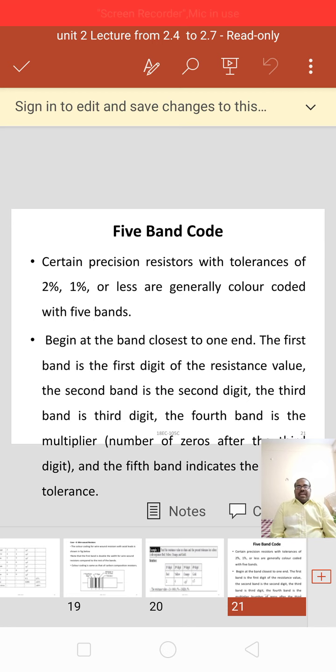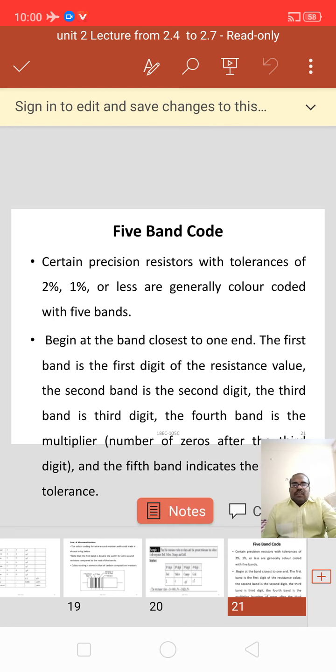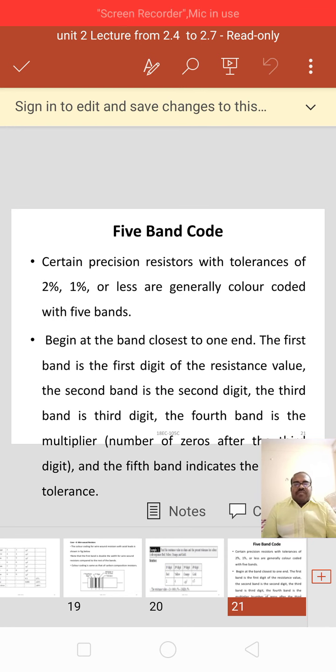The first band is the first digit of the resistance value, the second band is the second digit, the third band is the third digit, then the fourth band is the multiplier, the number of zeros after the third digit, and the fifth band indicates the tolerance.